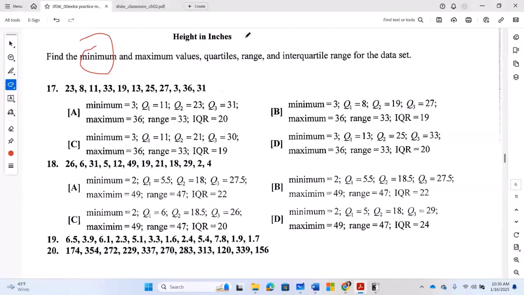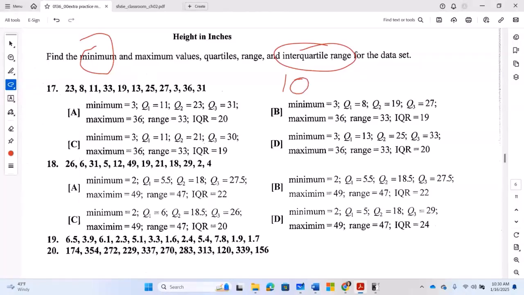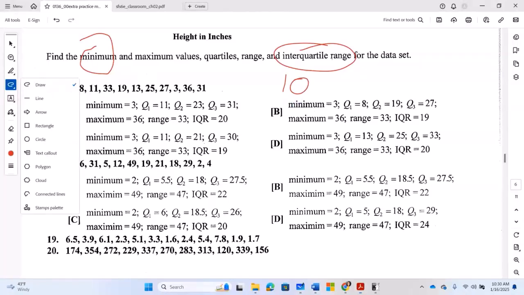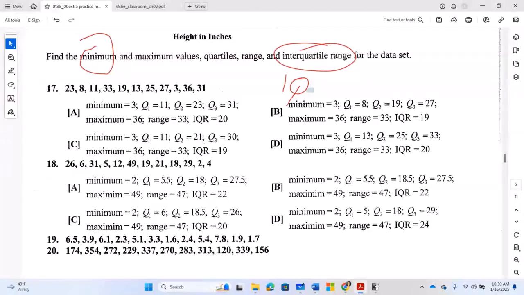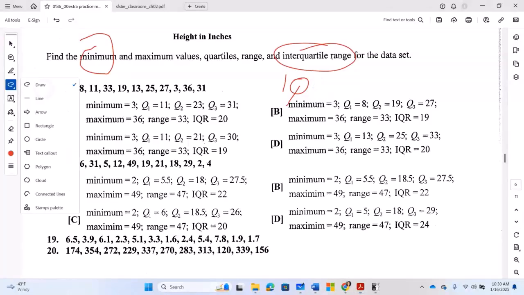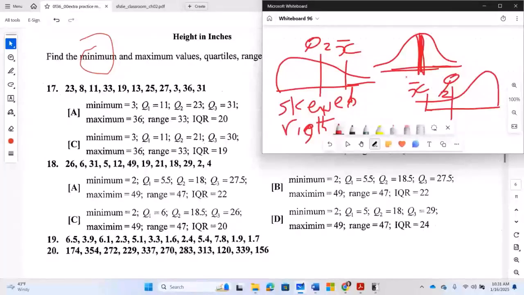The interquartile range can be written as IQR. So IQR is Q3 minus Q1.